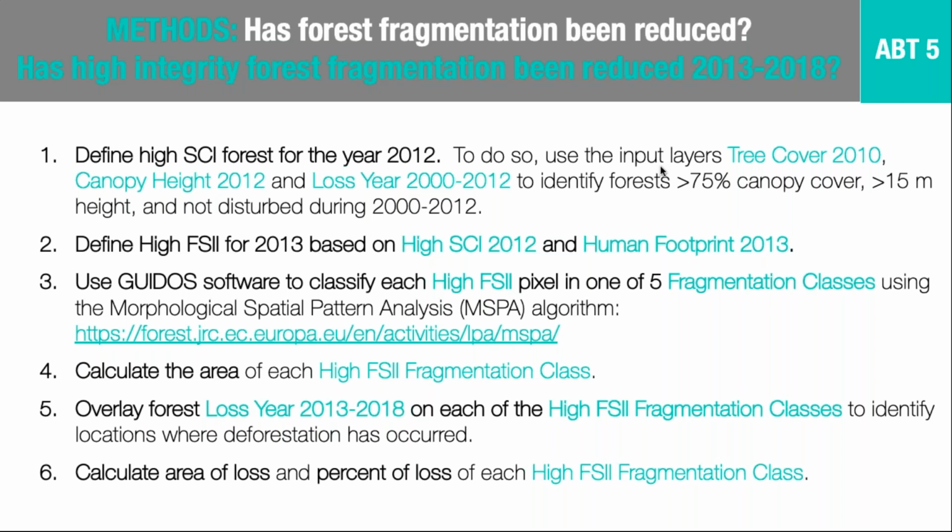And we're primarily interested in whether deforestation has occurred in that core forest class, which tends to be the least disturbed and we think most valuable for biodiversity. And then with that information, we can calculate area of loss and percent loss of each high FSII fragmentation class. And so the next slide.